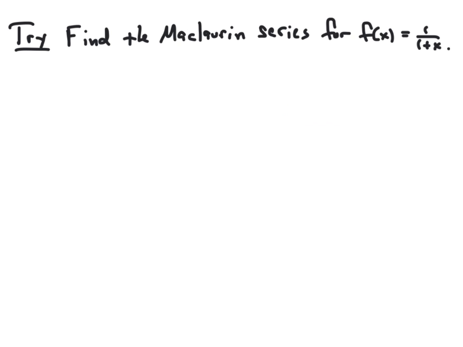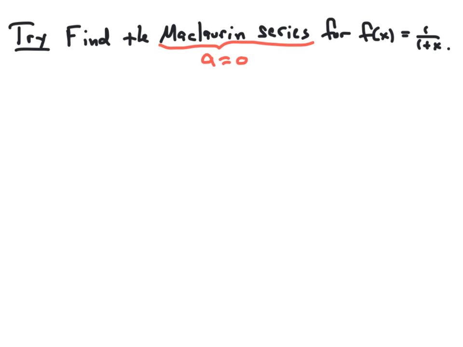If you'd like to try a similar example, you can pause the video and find the Maclaurin series for f of x equals 1 over 1 plus x. This looks a little bit different than the previous example. However, recall that the Maclaurin series is simply the Taylor series at x equals 0.